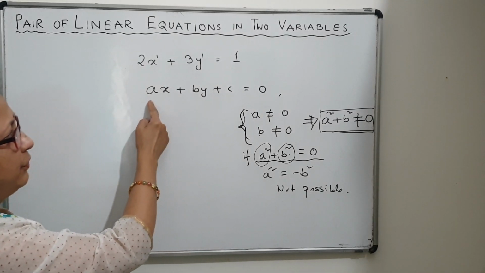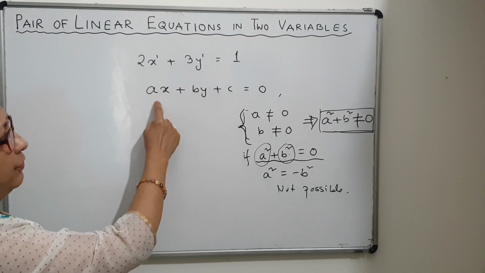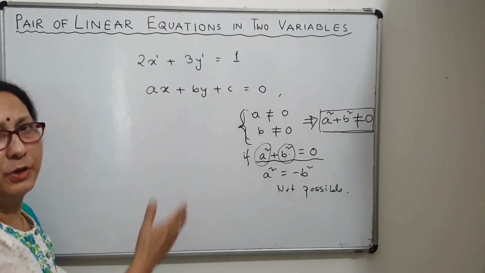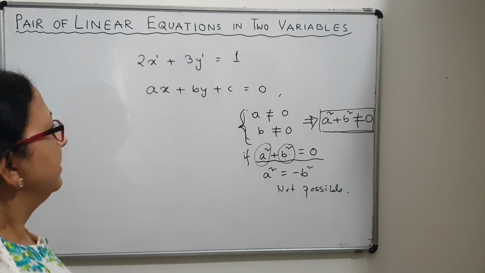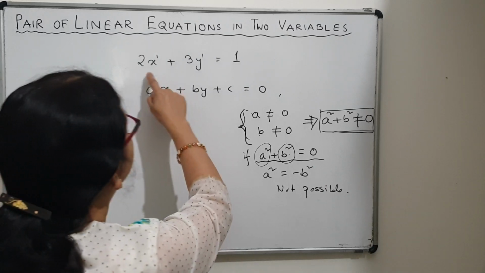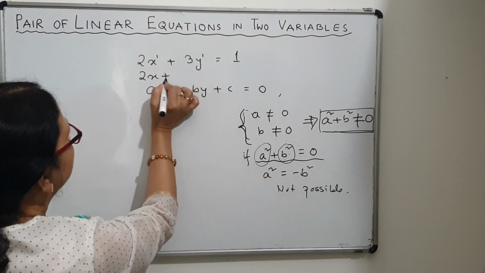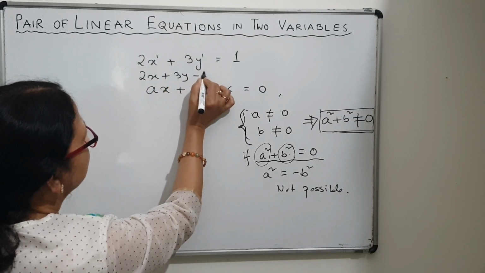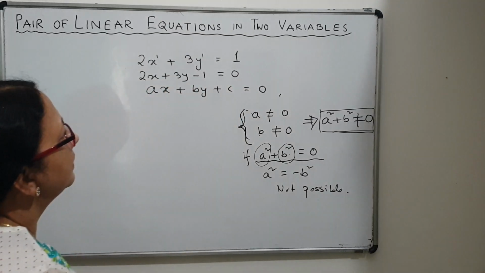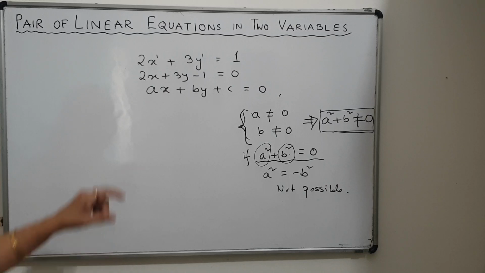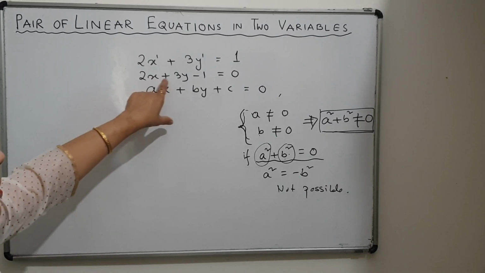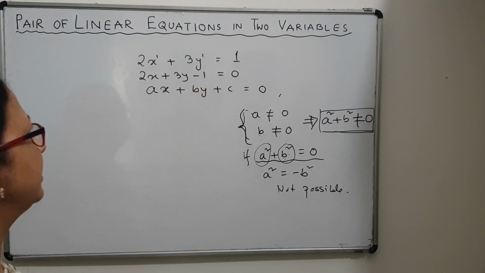Because if I plot a graph of an equation of this type, we will always get a straight line. So this equation in the standard form will be 2x plus 3y minus 1 is equal to 0. If I plot the graph of this, I'll be getting a line.